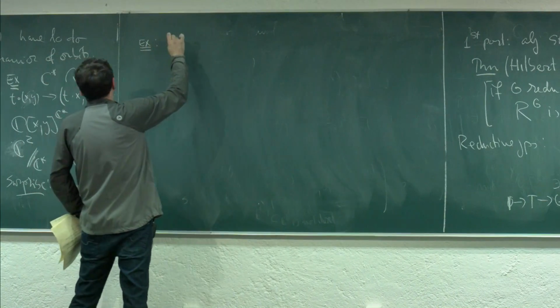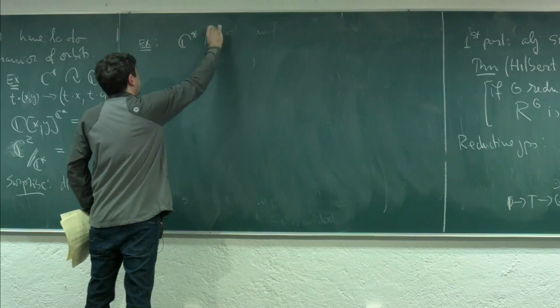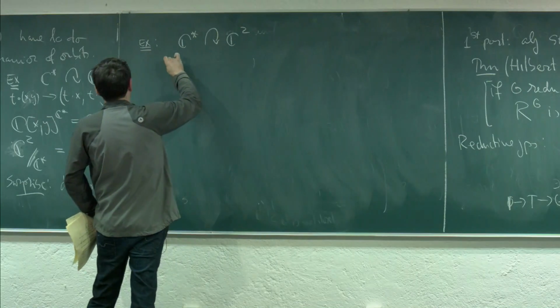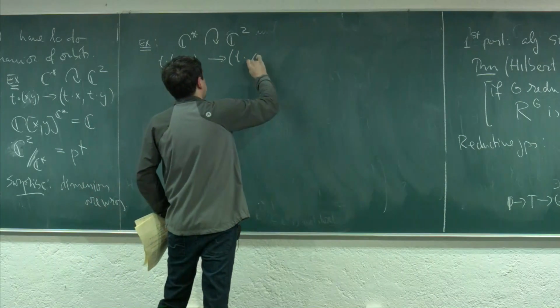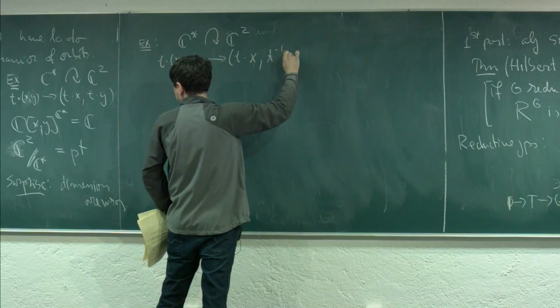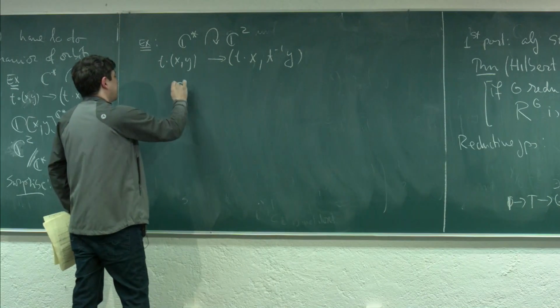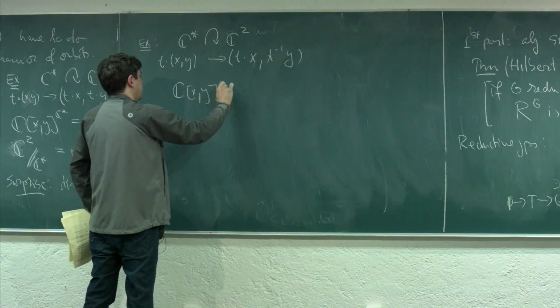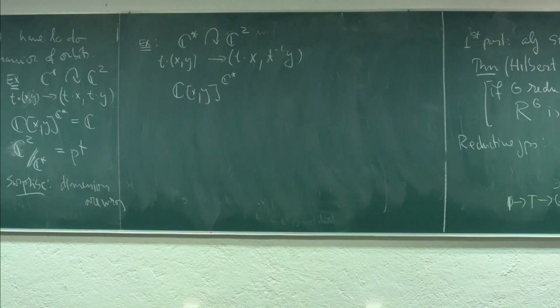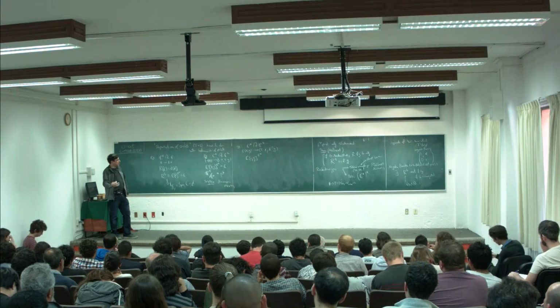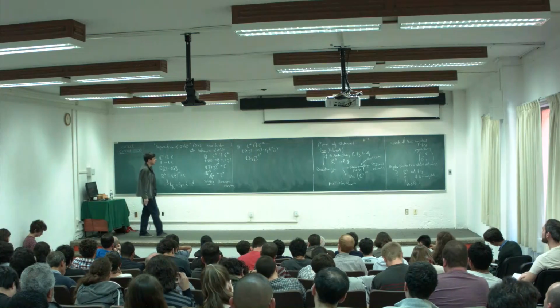Okay, let's try again. C star acts on C squared, t times (x, y) goes to (t times x, t inverse times y). What is the ring of invariants in this situation? Now I'm acting on polynomials, I multiply x by t and y by t inverse.